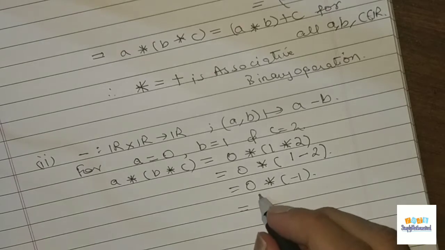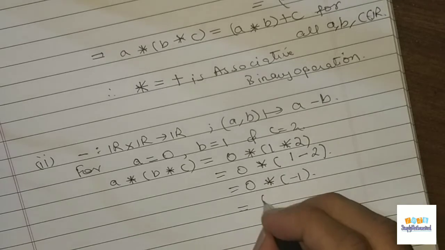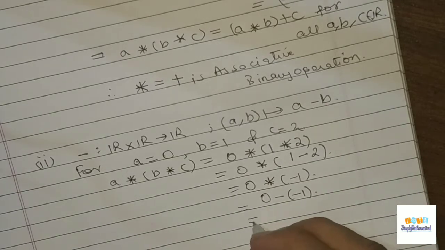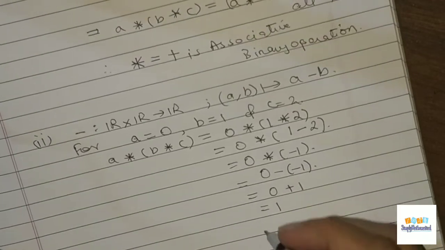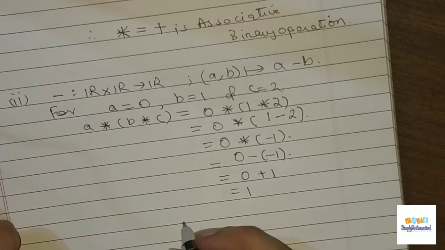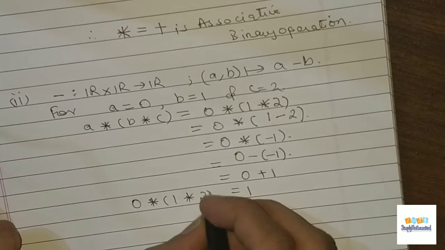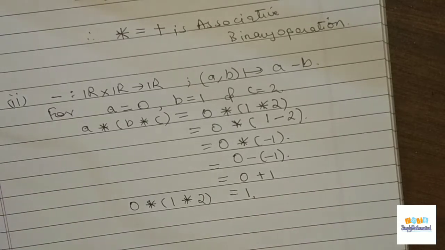Now 0 star minus 1 will be, according to this, 0 minus of minus 1, which is equal to 0 plus 1, which is equal to 1. So what you got is 0 star (1 star 2) is equal to 1.